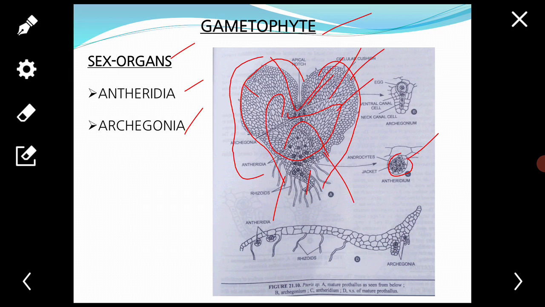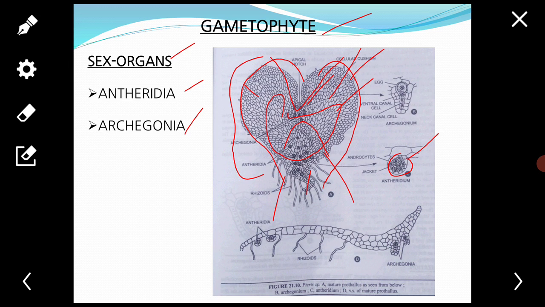Dehiscence of antheridium. The mature antheridium dehisces in the presence of external water. The jacket cells and the androcytes absorb water and swell. The swelling exerts pressure, and due to the pressure, the cap cell or cover cell is either tilted to one side or thrown off.